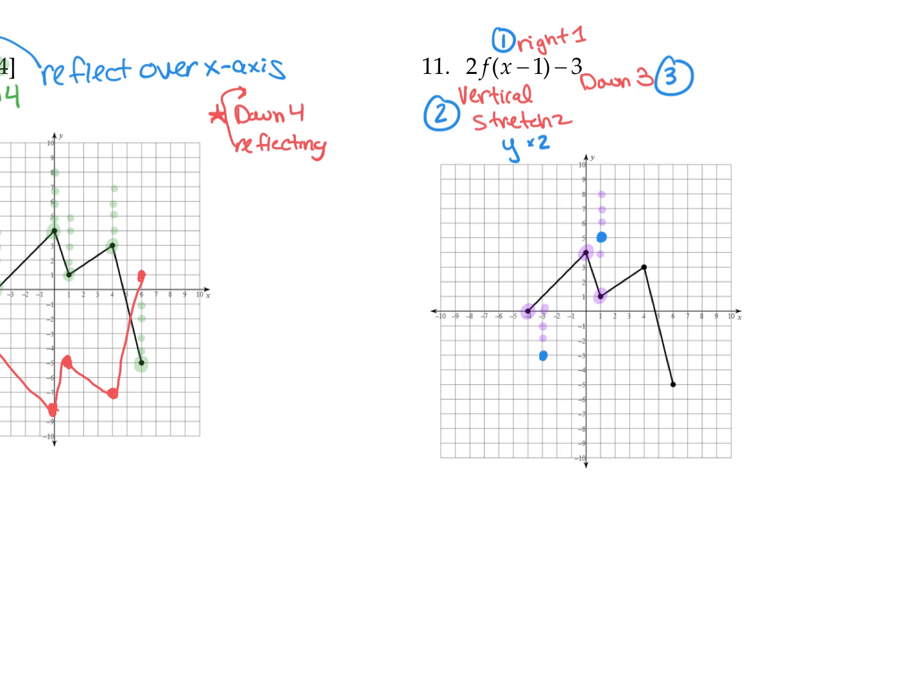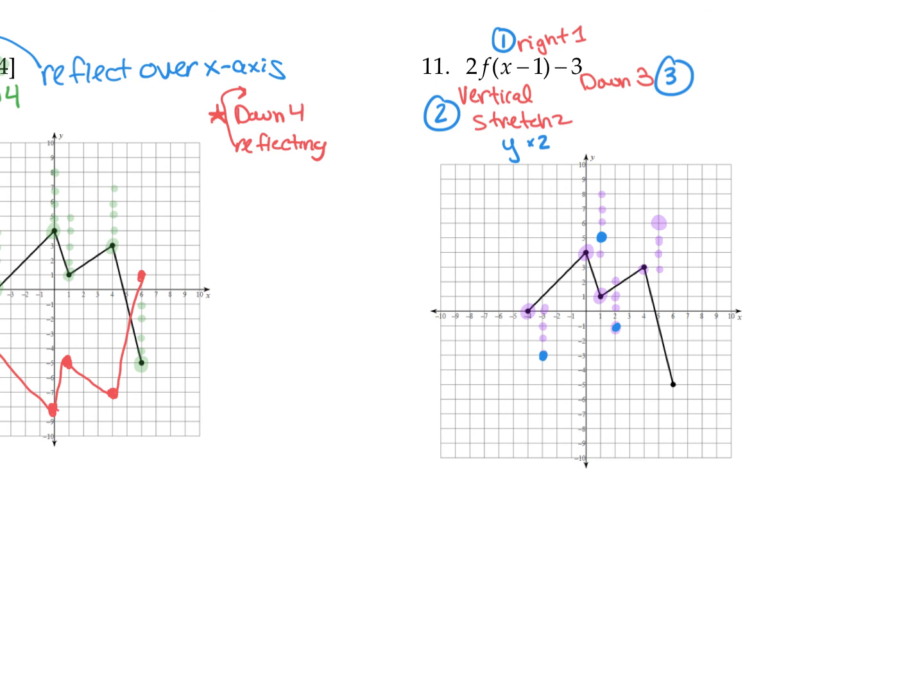This point is at 1, 1. So right 1 times 2 would put me up at 1 times 2 is 2. And then down 3. 1, 2, 3 will put me right here. This point is at 4, so right 1 would put me at 5. The y value is 3, so times 2 would put me at 6.